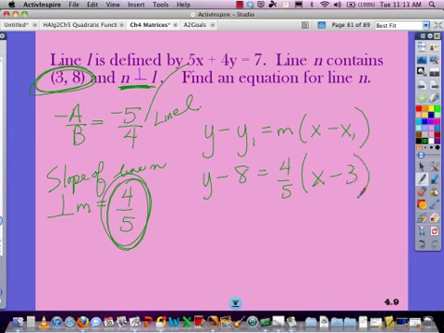We could stop right there because it just says write an equation, so it's any equation. However, we could go to standard form if we need to. We could go to slope-intercept form also. But we have one, so we're good. There is the equation for line N.